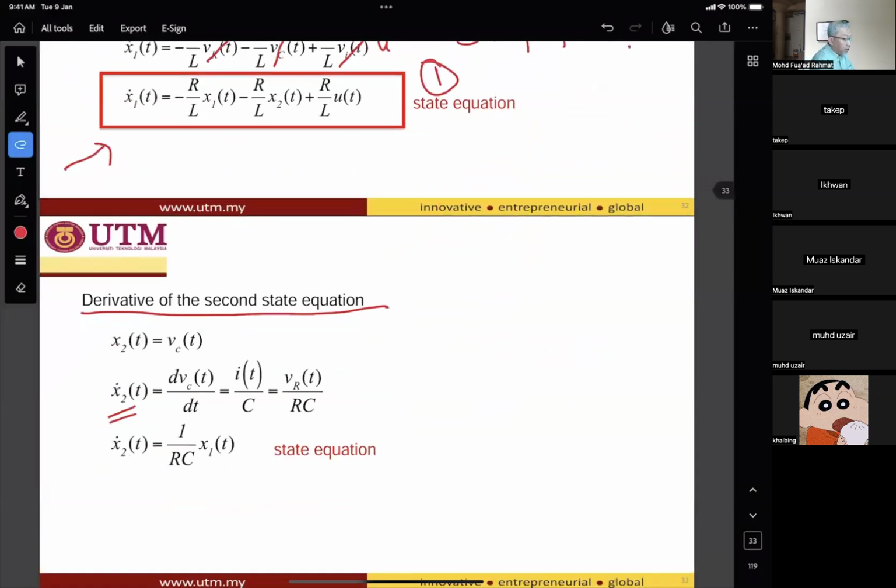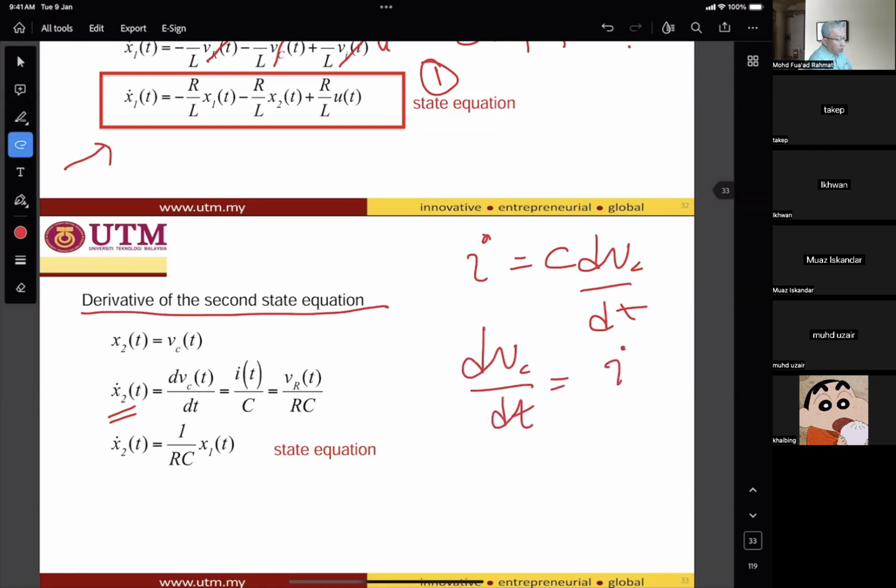We know that I is equal to C dVC dt, current through the capacitor. So when we make dVC dt the subject, it will become I divided by C. So that's why you get I over C in the equation.